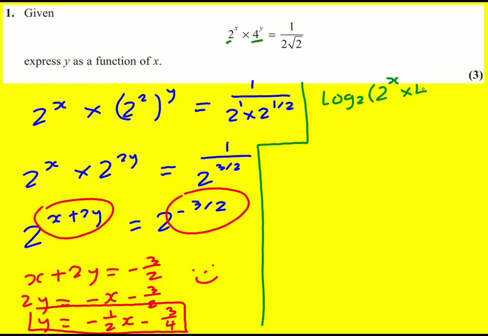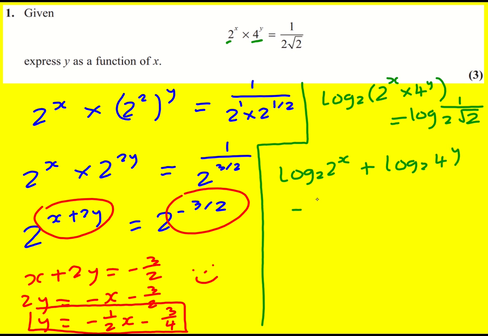So I'm taking log of the entire thing. That's going to be log of 1 over 2 root 2. Then I can separate this log, so log to base 2 of 2 to the x plus log to base 2 of 4 to the y is going to equal log, and again I can write it as 2 to the minus 3 over 2.